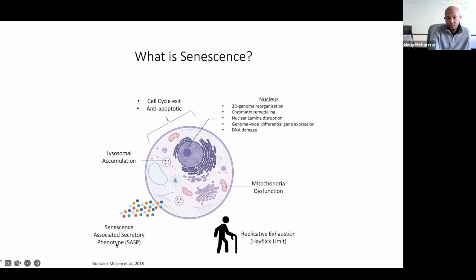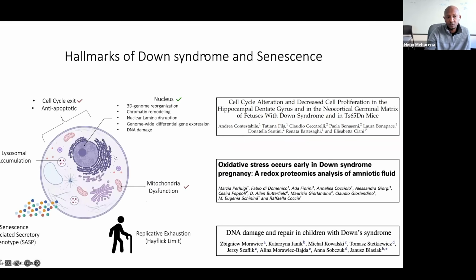And one of the interesting things that we observed is that some of these key features have also been observed in studies of individuals with Down syndrome. As I mentioned before, reduced cell cycle or proliferation has been observed in the brain and other organs in individuals with Down syndrome, as well as in the mouse models representing Down syndrome.